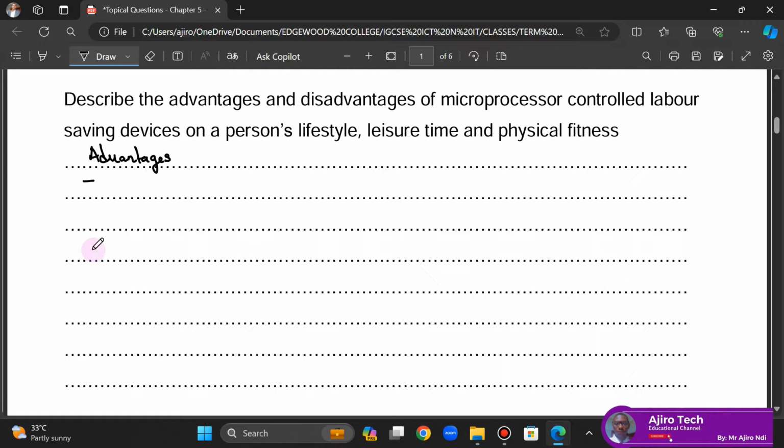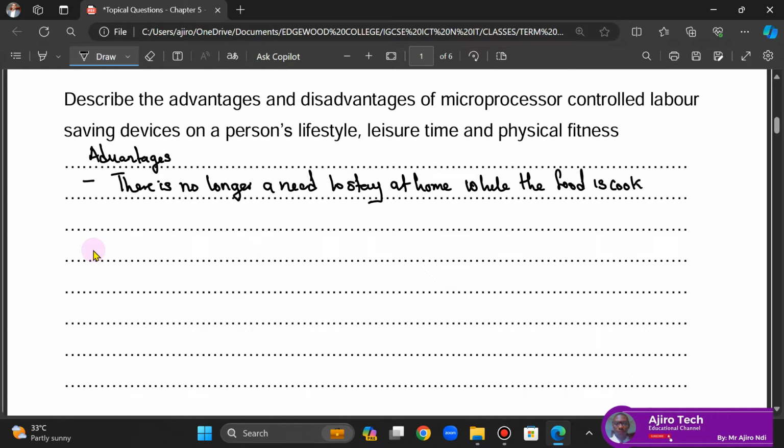For advantages, the first thing is that there is no longer a need to stay at home while the food is cooking, or clothes being washed.